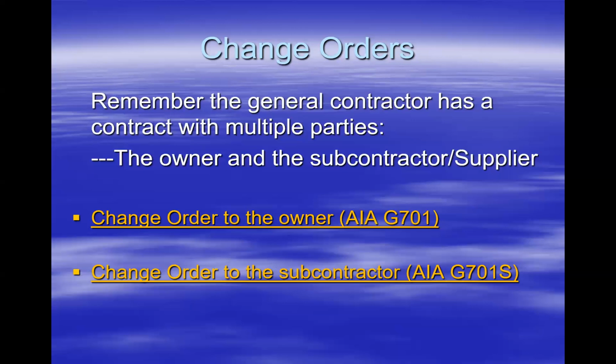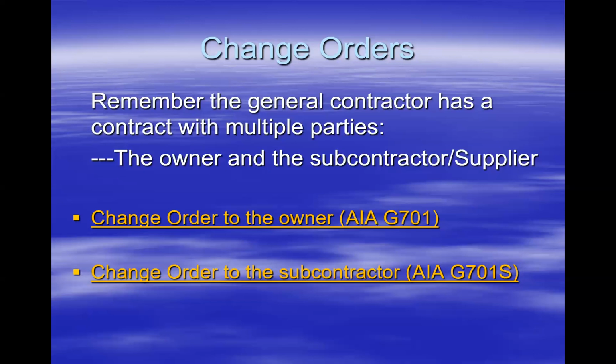So we will get into this starting next week, but in terms of how we modify these contracts, we have two forms. The newest form that I'm going to talk about, the subcontractor one, is somewhat new to the 2017 version.